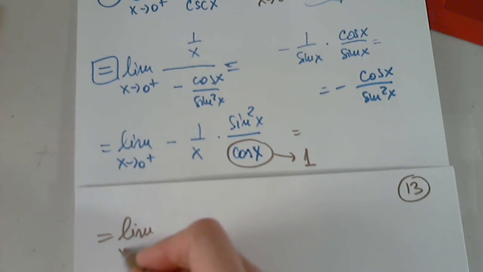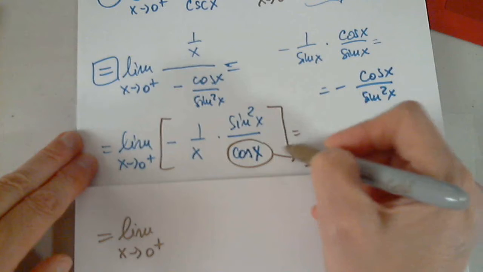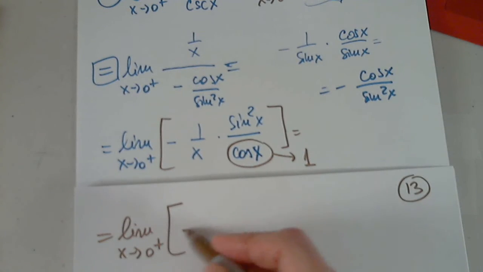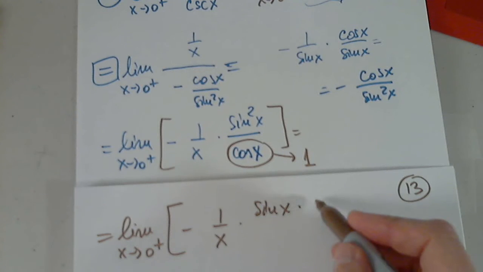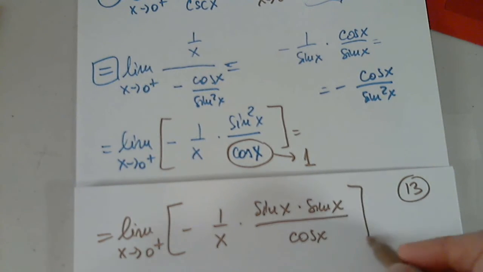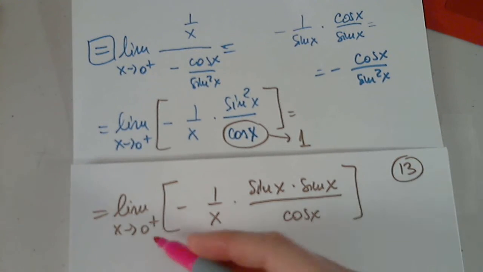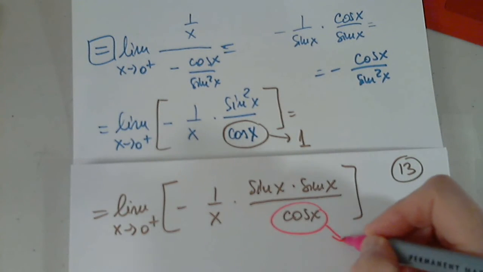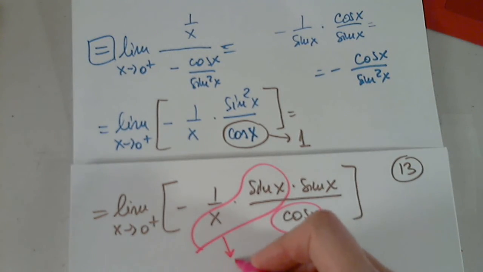So limit as x approaches 0 from the right. Of course, I should put parentheses because I have that negative symbol. So negative (sine x over x) times (sine x over cosine x). So what I'm really saying is this. When x approaches 0 from the right, this approaches 1. We already know that this also approaches 1.